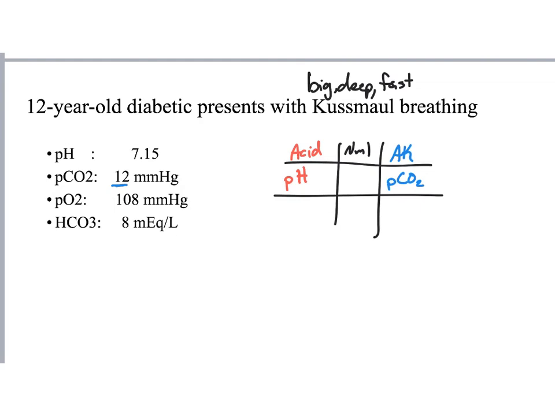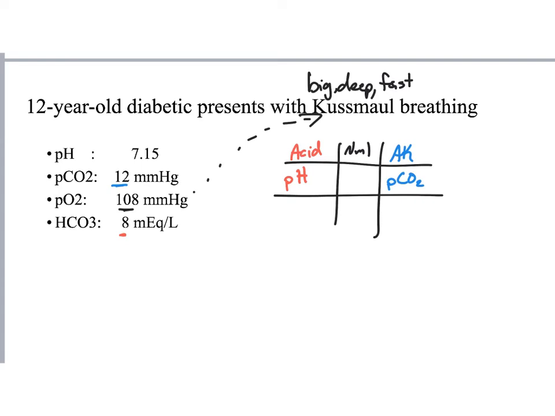Our PO2 is a little bit high. Again, remember it has no direct connection to the acid-base balance, but it does in fact have a connection to these big, deep, fast breaths. Okay, finally, our bicarb, our HCO3, is only 8 milliequivalents per liter. Remember, our normal low was 22.